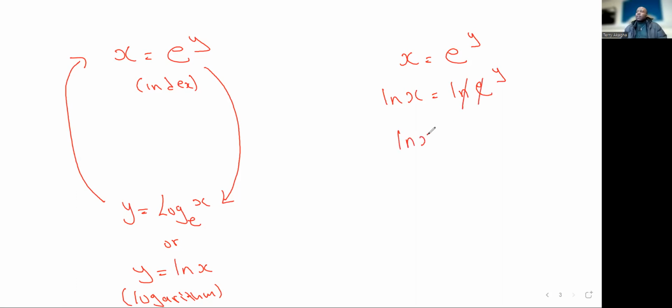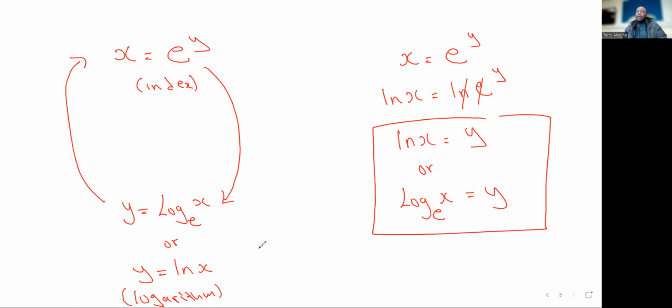So ln x is going to be equal to y. And also I told you ln is the same thing as saying log to base e, so log to base e of x is equal to y. So that's how we got the answer we have there. And the same thing, you can also move from logarithm back to index. So e raised to the power y is equal to x. All right, let's pick some examples for this.